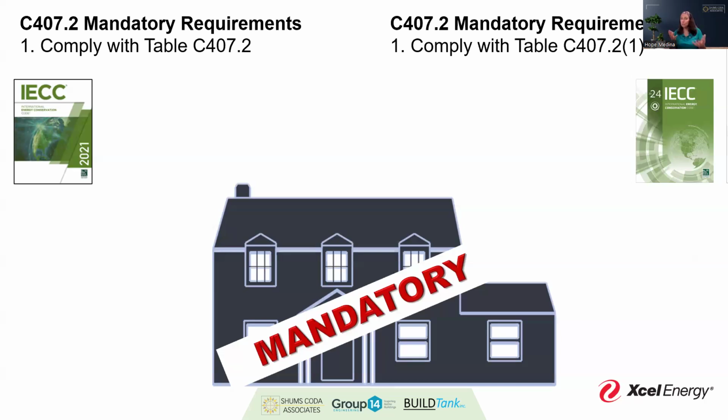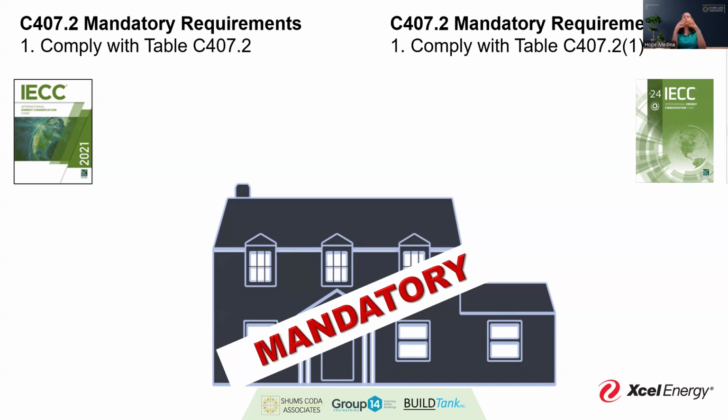Now, where that got a little tricky is if you were going with a different compliance path than what the prescriptive would be. And that would be obviously what we're talking about today. So you had to have a way to tie in those mandatory provisions that if you were going from 401 through 405 or 406 really, and going through that way, if you're going prescriptive, you're going to stumble upon that section anyway.